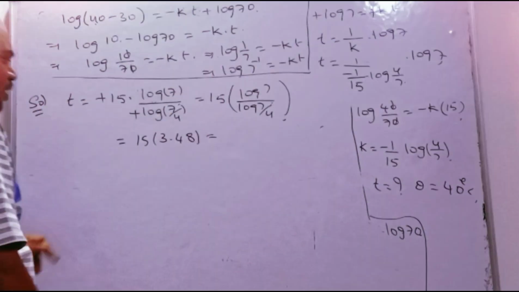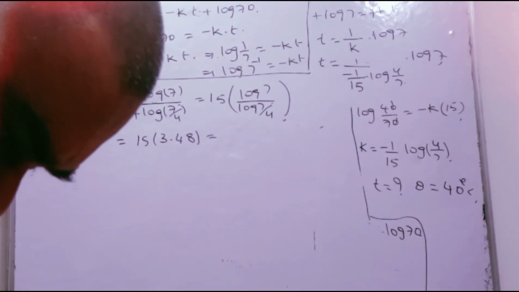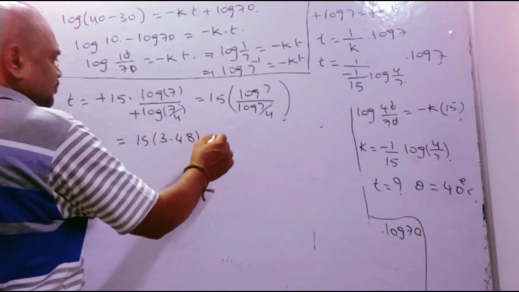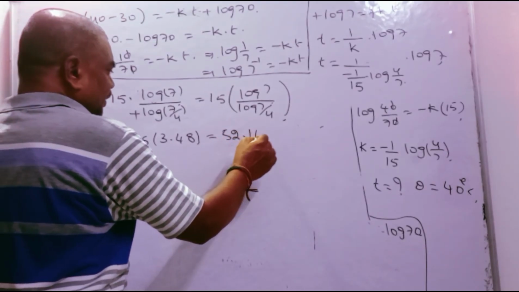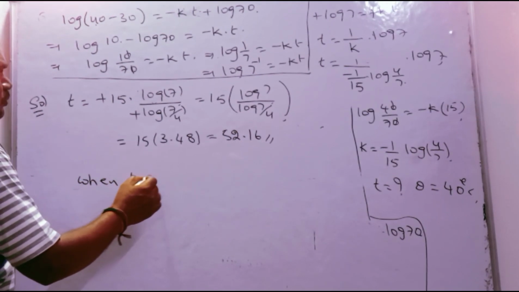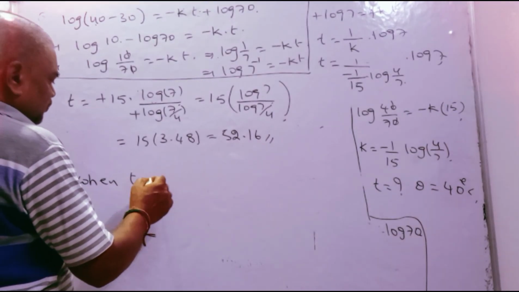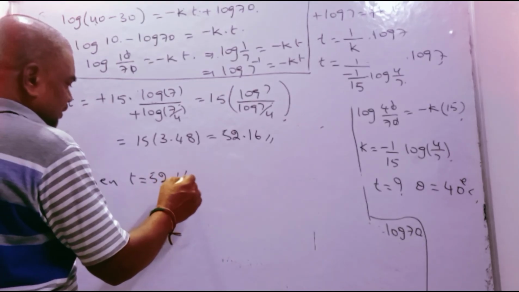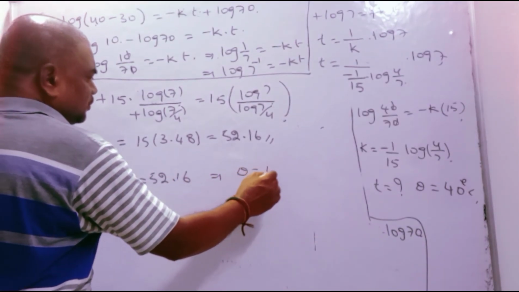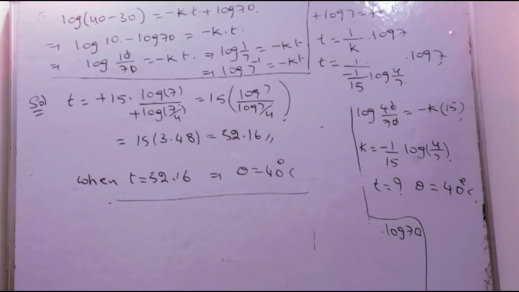Finally 15 times 3.48 is 52.16. So t equals 52.16 when θ equals 40 degrees centigrade. This is the solution of the problem.